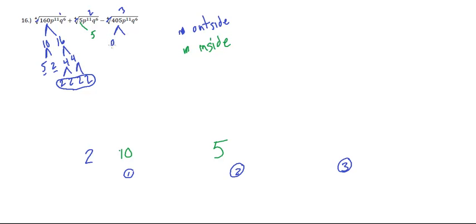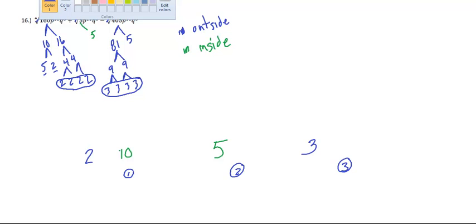Alright, 405, 81, and 5. 9 and 9. 3, 3, 3, 3. Alright, cool. Well, I see 4 3s. So a 3's going out front here, and then a 5 is going to be left inside.